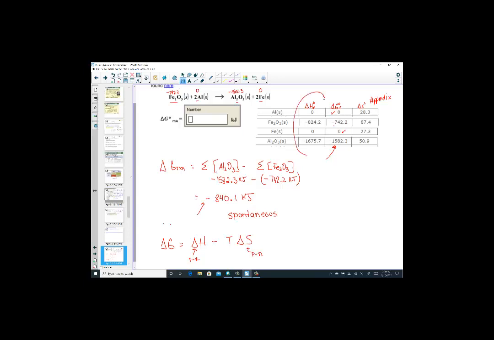We would use this column for the delta H. We would use this column for the delta S and plug those into that equation, and I'll tell you what, we'll get the same exact answer as if we had gone to the middle column as we had shown earlier. To emphasize, there are two possible solution pathways. Both will lead you to the same correct answer.